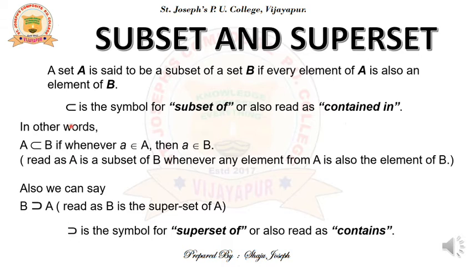It is the reverse of subset. For subset it is C-shaped and this is inverted C-shaped, right? The reverse C-shaped. That is the symbol for superset of, or we can also read it as contains.